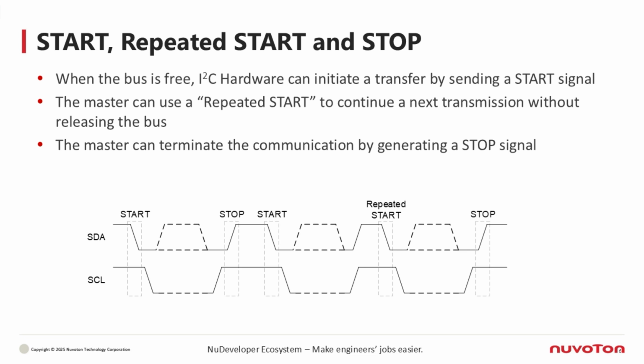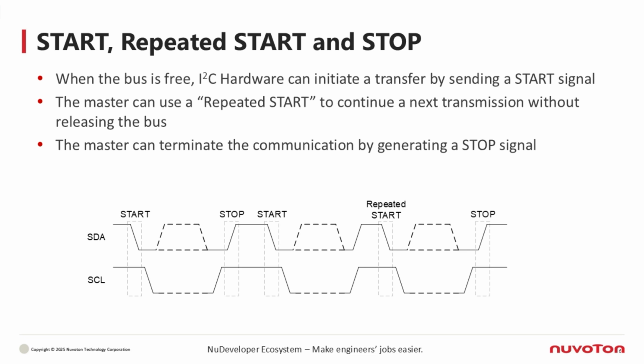That transition is what defines a start condition. Next, in some applications, the master may want to keep control of the bus and continue with the next transfer without ending the current transaction. In that case, it uses a repeated start. A repeated start looks almost the same as a normal start, except that it happens without a stop in between.